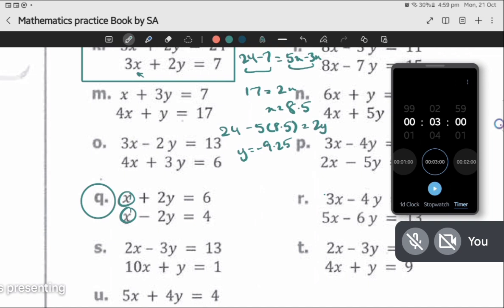How far did you get? x is equal to 10. Still there. And why is that? Okay.